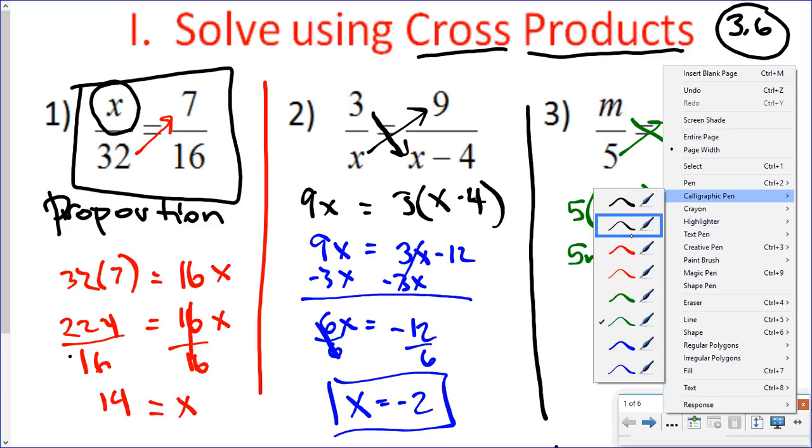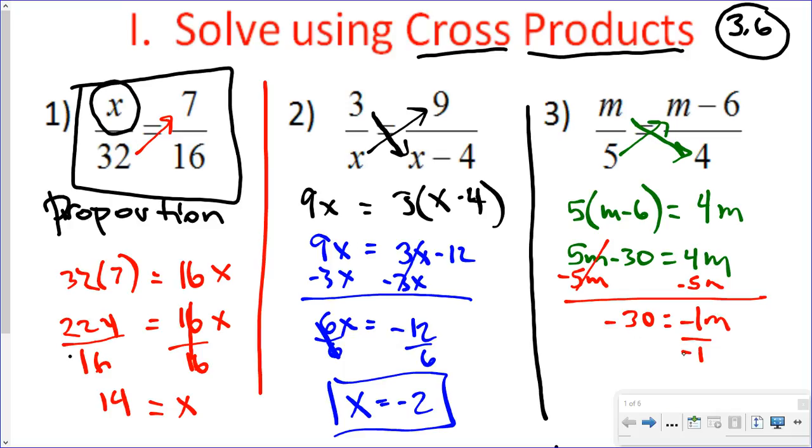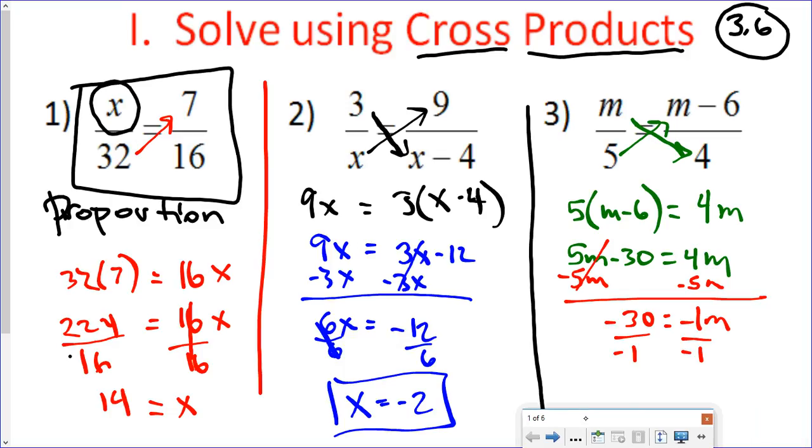Change colors here real fast. I will subtract 5m. So I get a negative 30 is equal to a negative 1m. And then if I just divide by a negative 1 on both sides, I find out that m is equal to 30.